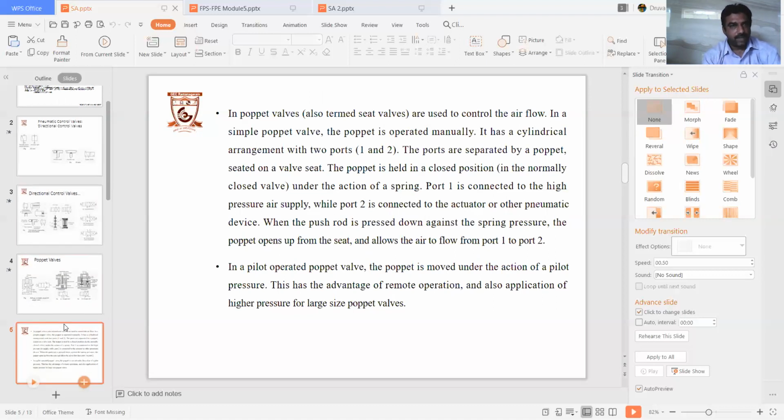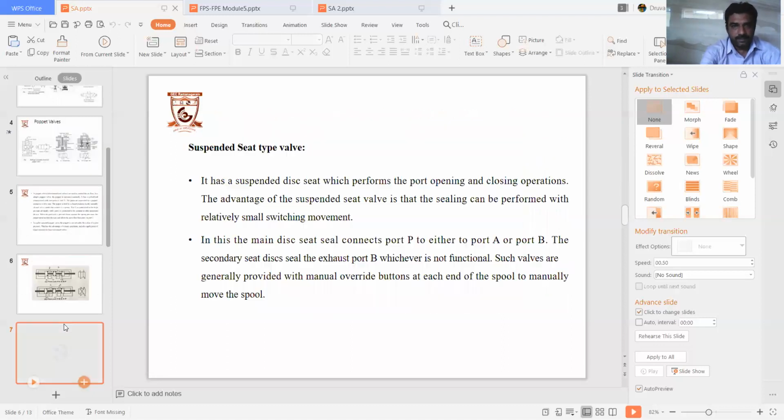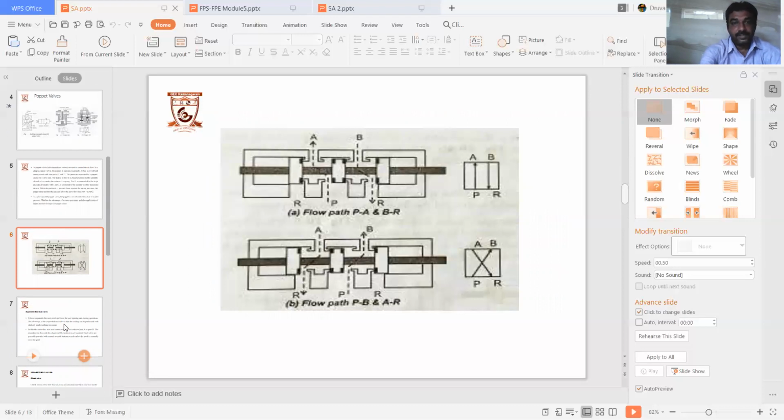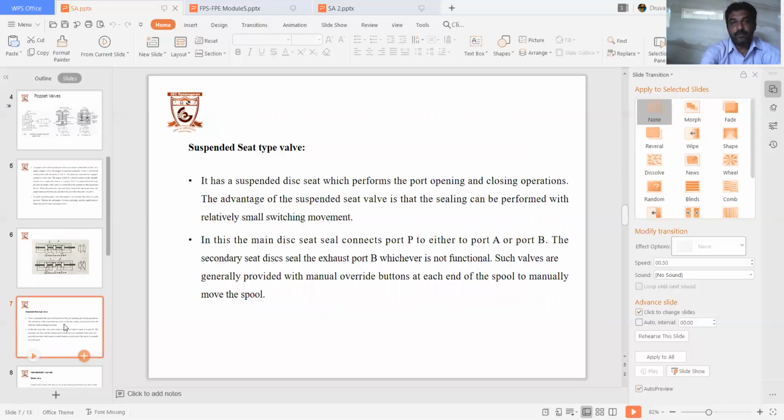Port 1 is connected to the high pressure supply. Port 2 is connected to an actuator. The poppet is moved under the action of a pilot pressure and has the advantage of remote operation, and high pressure is also used for large size poppet valves. This figure shows a suspended seat type valve which performs the port opening and closing operations.